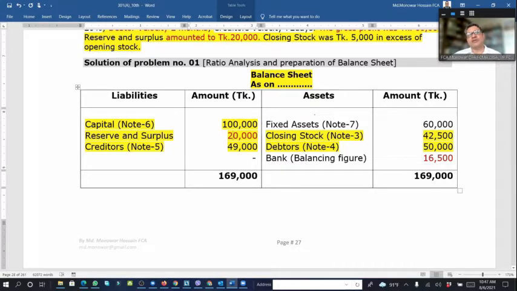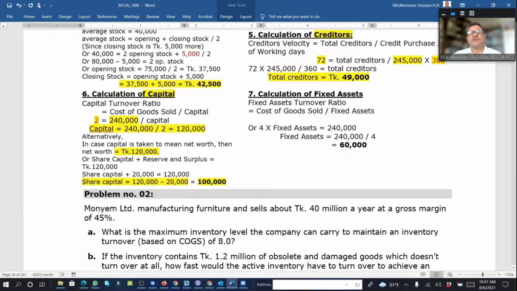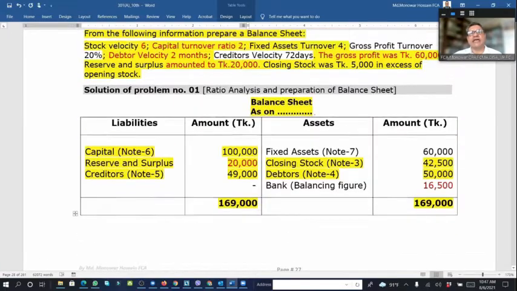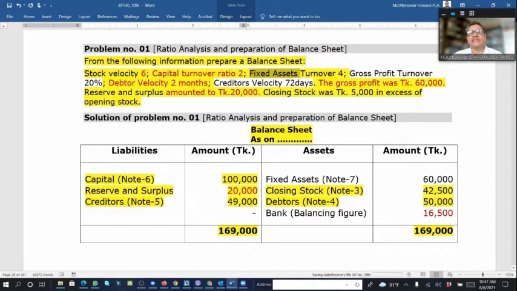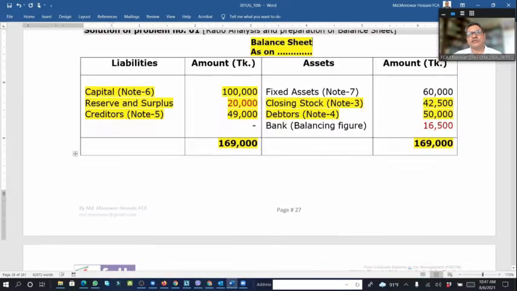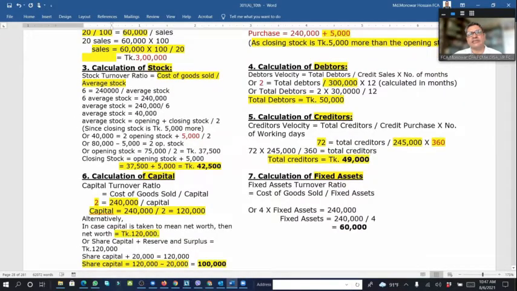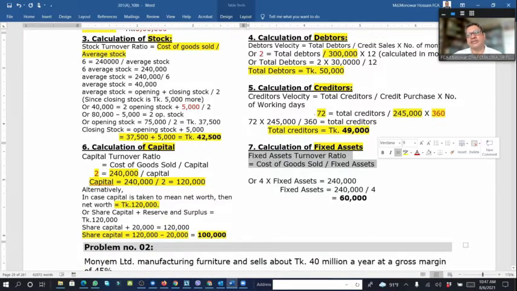So on our liability side, if you add all liabilities, here it comes to 1,69,000, and that should match our assets. Now a few items are needed for asset calculation. So look here, fixed asset. Fixed asset turnover, as mentioned in our question, is 4. If we place that 4 here, we know fixed asset turnover equals cost of goods sold divided by fixed asset.